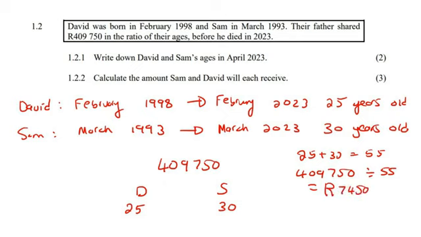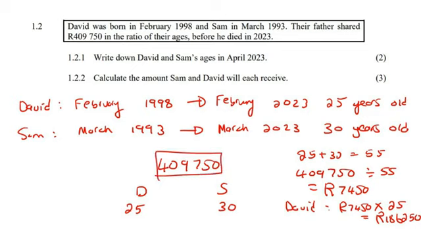Now for David, you're going to say 7,450 multiplied by his part, 25. That'll give us 186,250 Rand. Now, to work out Sam, you could use the same technique, or you could just take this number minus whatever David gets.